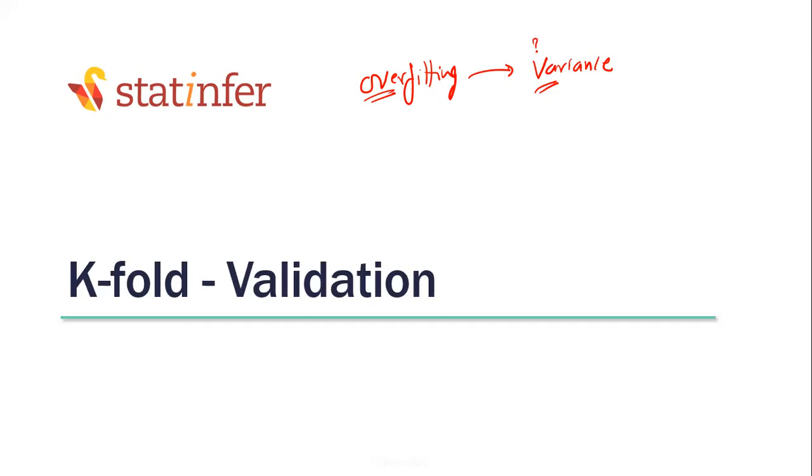Where does the name variance come from? Overfitted models have this property: if you change the data, the model is memorizing the data, so the model changes and the parameters change. There is a lot of variance in the parameters. That's why they are known as models with a lot of variance. So if somebody says the model has a lot of variance, they are referring to an overfitted model.